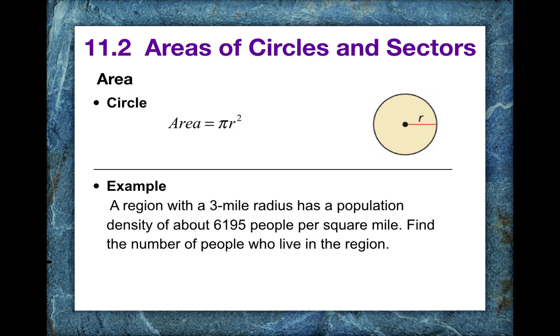And the area is going to be 3 squared times pi. And this is approximately 28.27 miles squared.